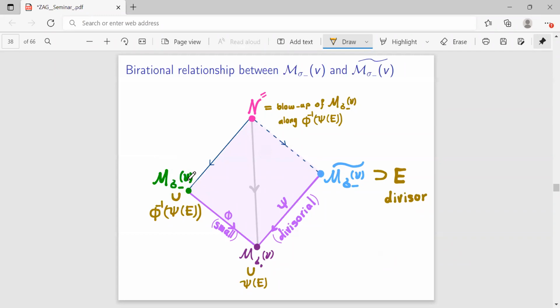And now you can blow this up along this locus to get this space N double prime.